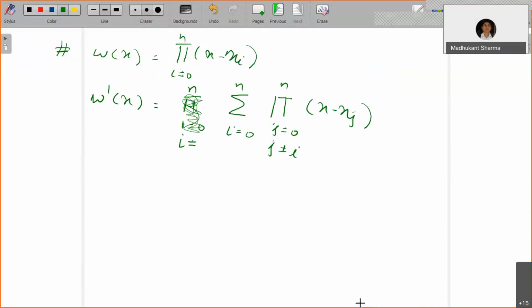So this is going to be the sum of these terms. Now what is w dash at xi?